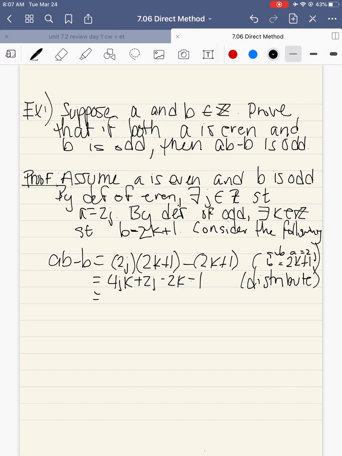So I need that plus 1 to come from somewhere, and I need to be able to factor out a 2. So looking at this statement here, I have a minus 1. Well, that doesn't match my definition of odd, so I need to make this into something that is plus 1. So I'm going to manipulate this negative 1 here to include a plus 1. So in order to do that, I'm going to have 4JK plus 2J minus 2K.